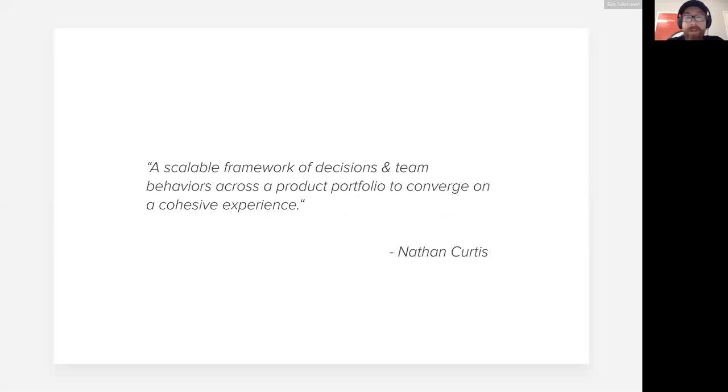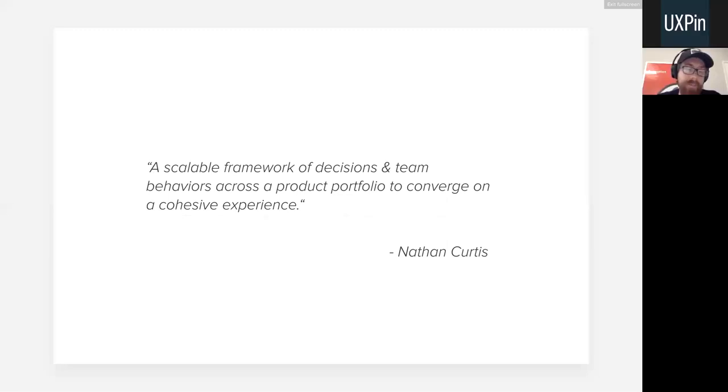And as with everything in our industry, there's, of course, a bunch of different definitions. One of my favorites comes from Nathan Curtis, who is perhaps the best expert in the world in the field of design systems and fighting inconsistency in user interfaces. Nathan Curtis has been preaching design systems and modular design and development for years now.